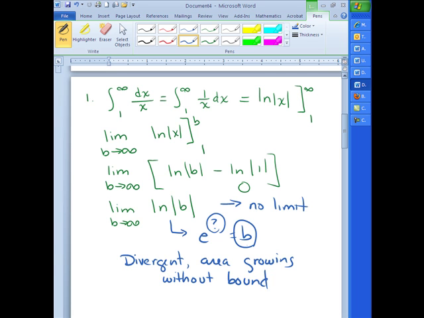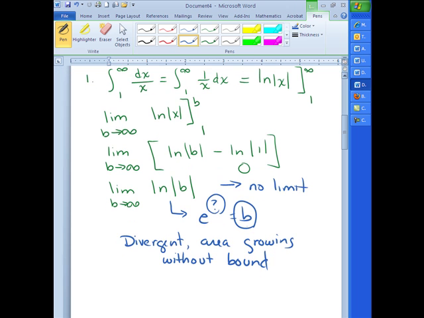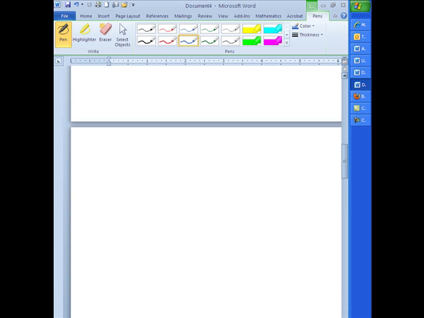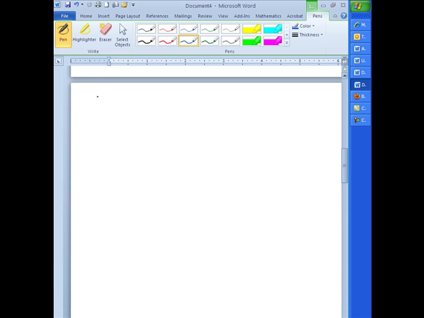Let me do a second example, where we are starting at negative infinity. So from negative infinity to negative 2 of 1 over x squared dx. And so let's integrate.